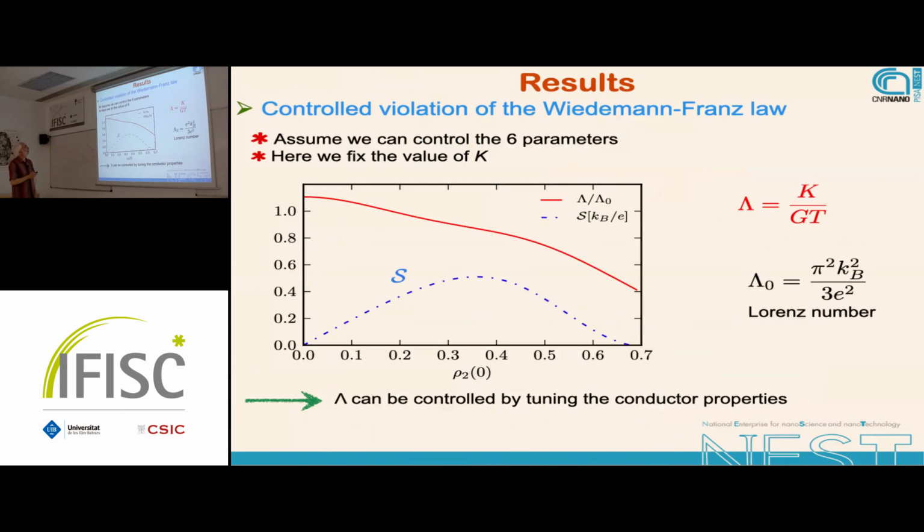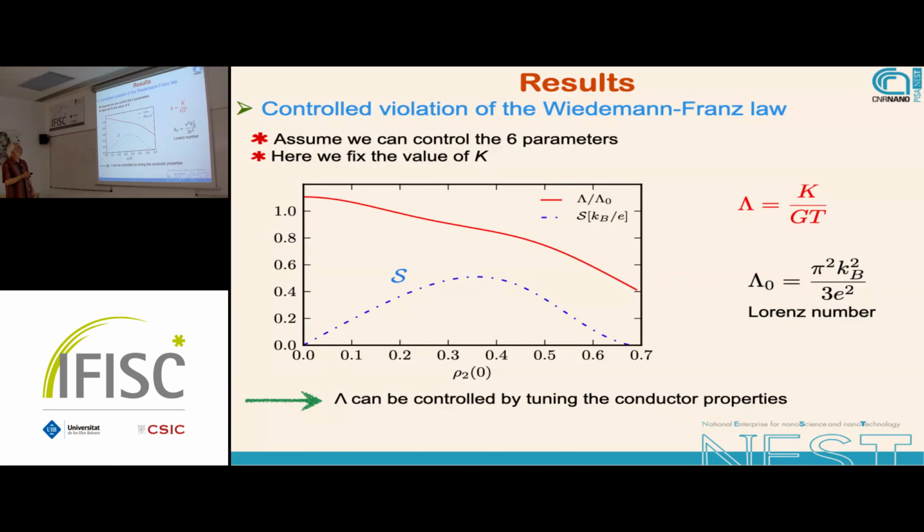So then here, what I plot is the Wiedemann-Franz ratio between thermal conductance and electrical conductance, divided by lambda 0, which is the Lorentz number I was speaking about before.